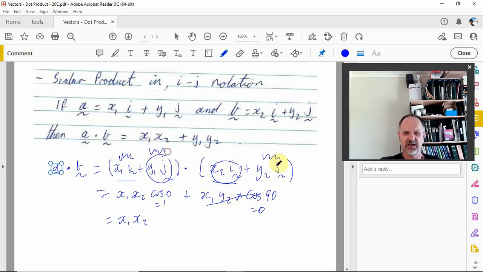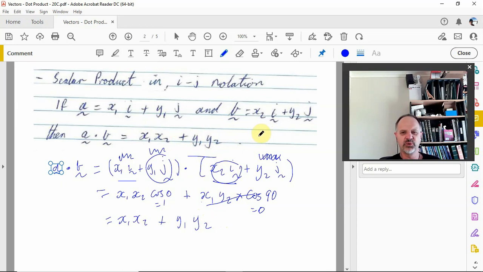But of course the j's there and there, y1 j and y2 j, that's where the second part gets in. So that's a quick explanation about how we get this x1 x2 plus y1 y2.